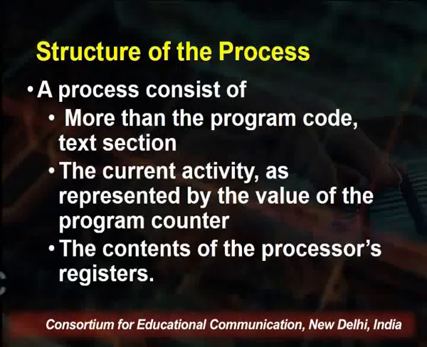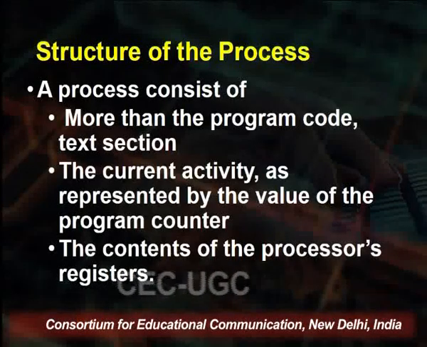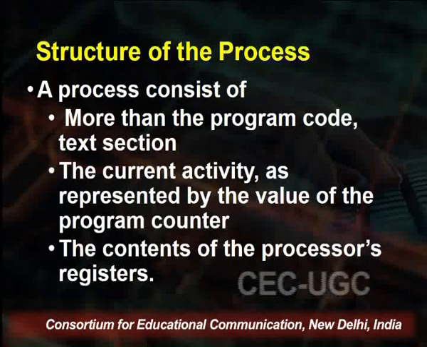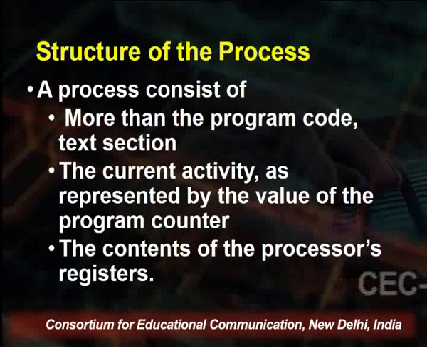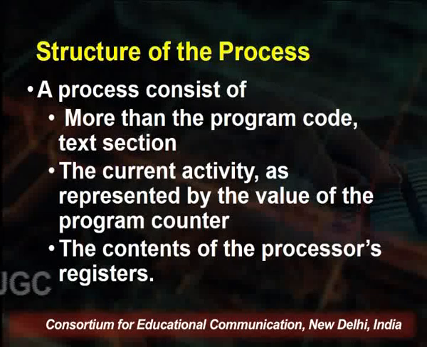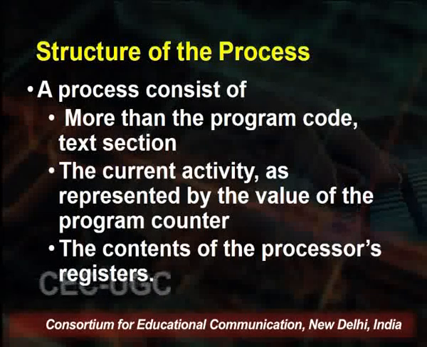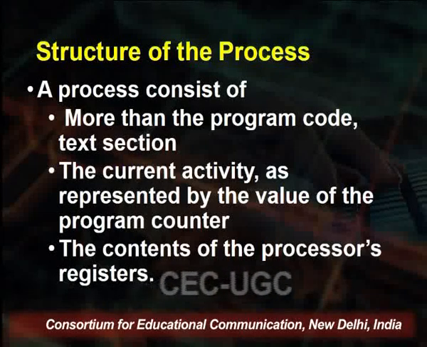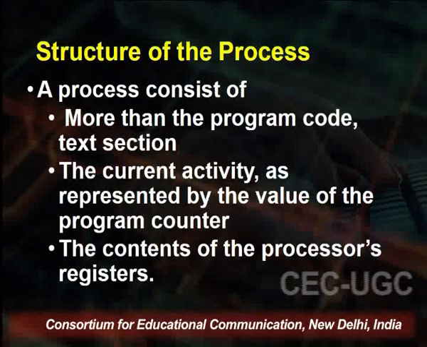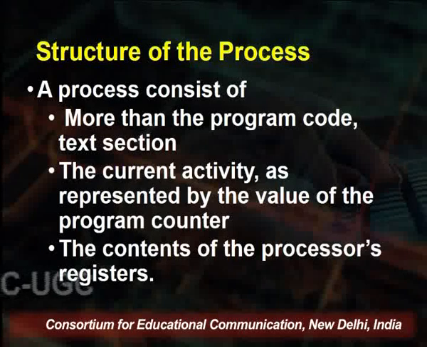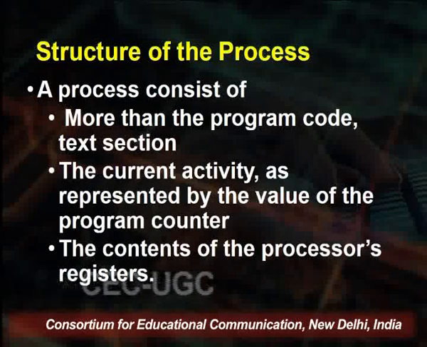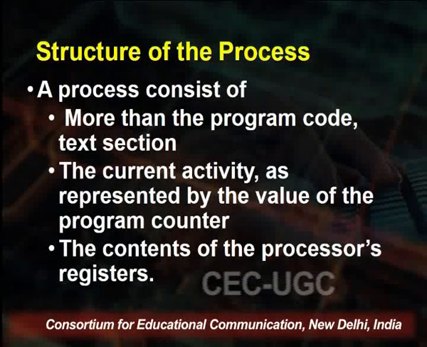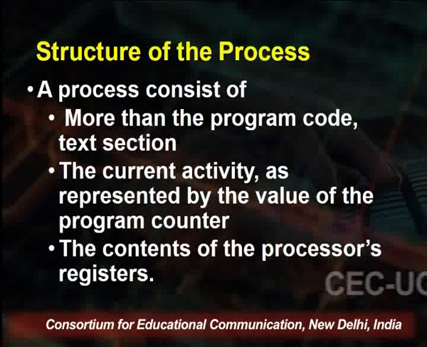A process consists of, first, the text section, which is more than the program code. It is not only the program code that is contained here, it is also the text section. Then it also has the current activity, as represented by the value of the program counter. The program counter represents the current activity being executed.